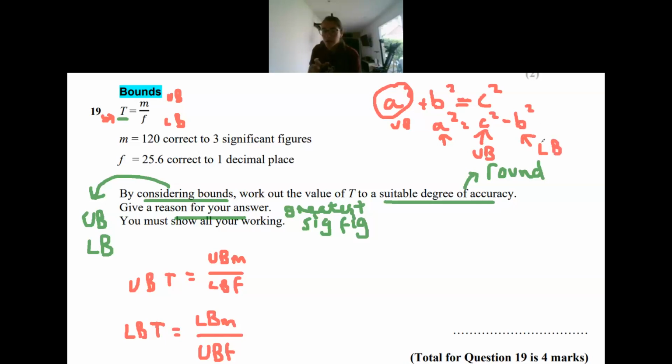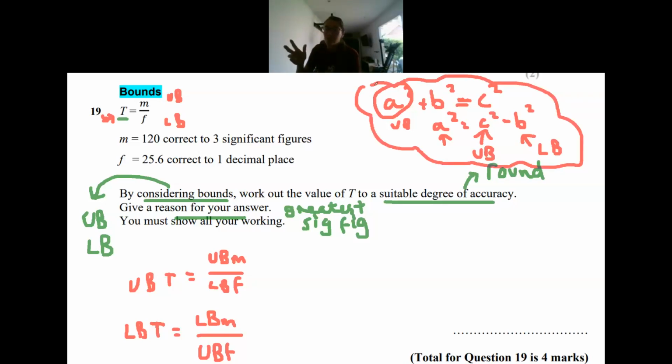So just bear in mind, it's not always, to find the upper bound, you only use upper bounds. It may be a combination of both. So kind of just think about a bit of common sense there. But even if you did put in the wrong value, but your method's correct, you'll only lose 1 mark.